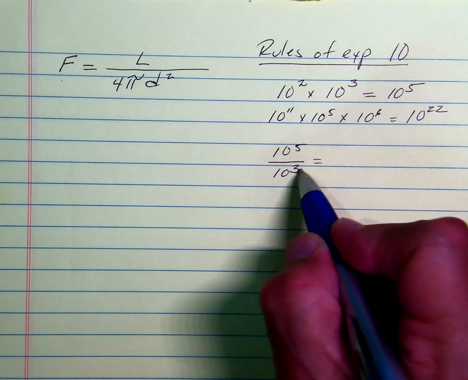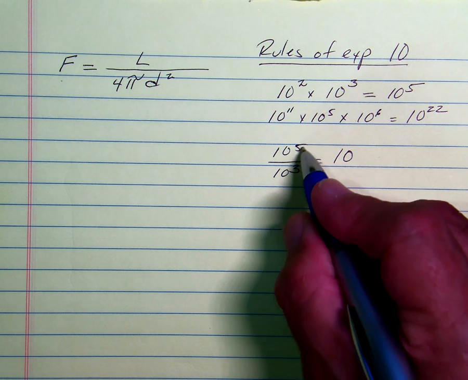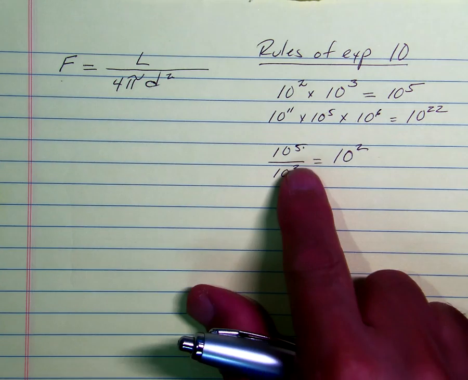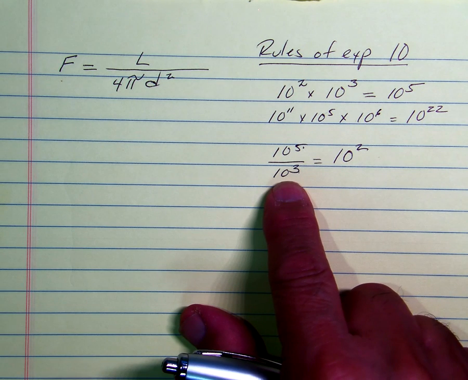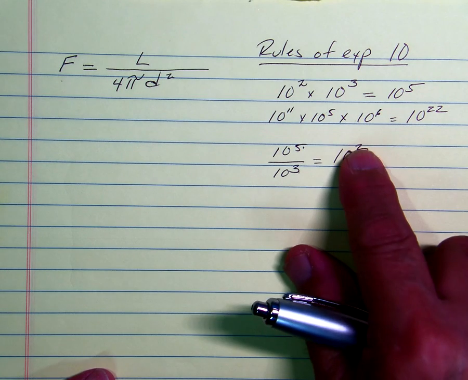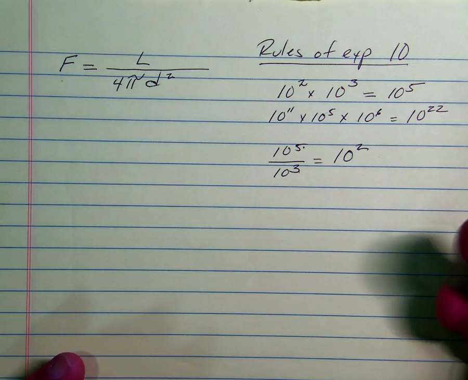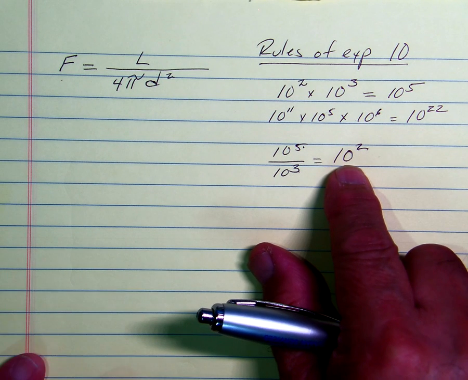So 5 minus 3 is 2, that would be 10 squared. You can verify by multiplying 10 times 10 times 10 five times, and then 10 times 10 times 10 three times, and cancel out the zeros, and you'll find that you get 100, 10 squared. But you don't want to do that. You want to maintain the power of 10 and the exponents like this. That way it's easier to work.